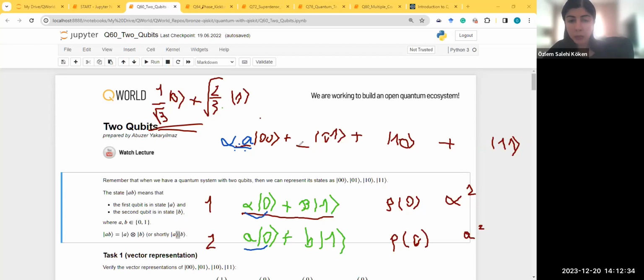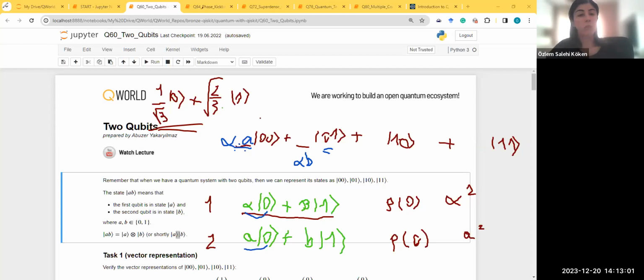Can you tell me the amplitude for the next one, 0, 1? What should be the amplitude? Yes, be careful about plus. It's not plus. It's alpha times b. Exactly, I think you got the idea.